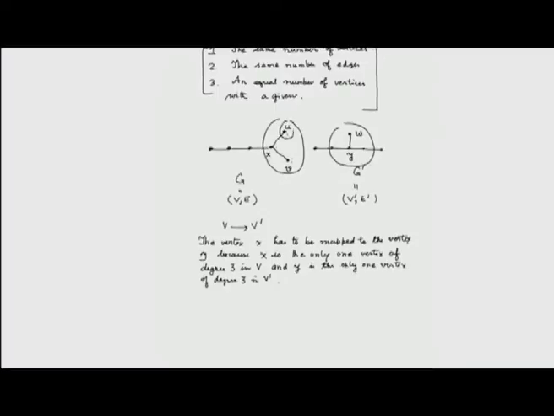The reason is that there are 2 vertices of degree 1 getting connected to the degree 3 vertex, and here there is only one vertex of degree 1 getting connected to the degree 3 vertex. Therefore, G and G prime are not isomorphic.